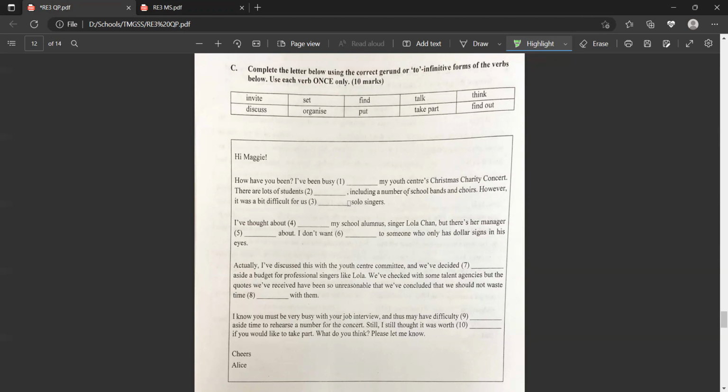Okay. I've thought about, after preposition, the verb that follows should be a gerund.